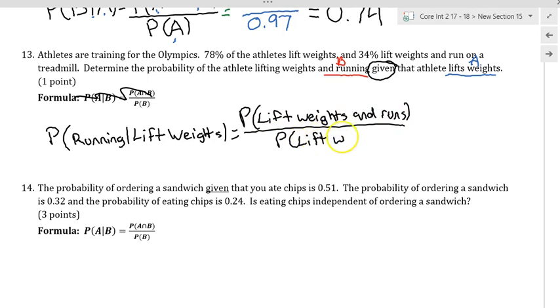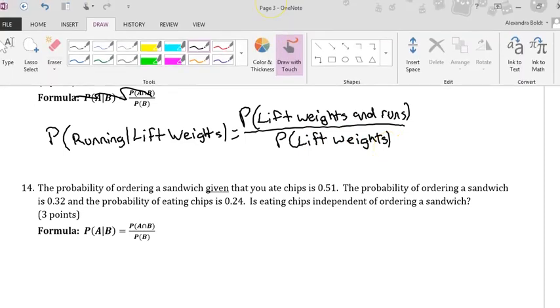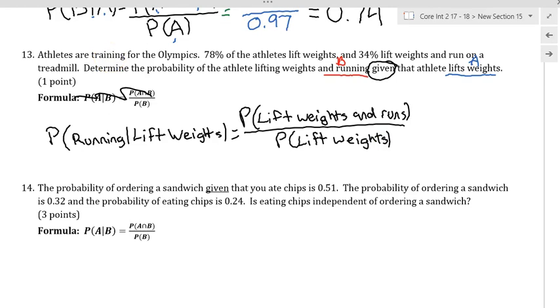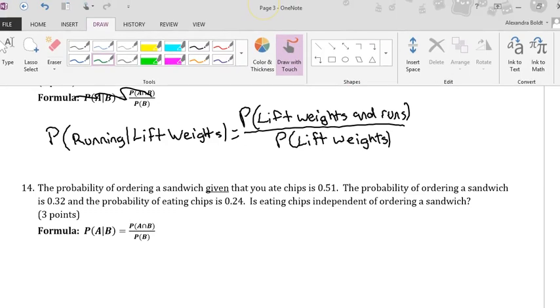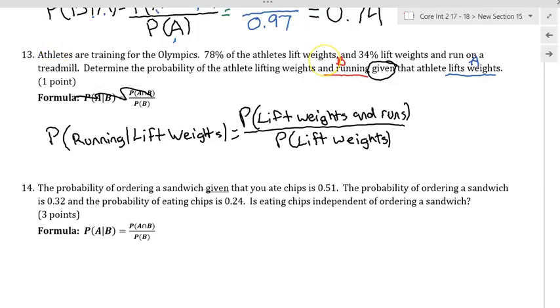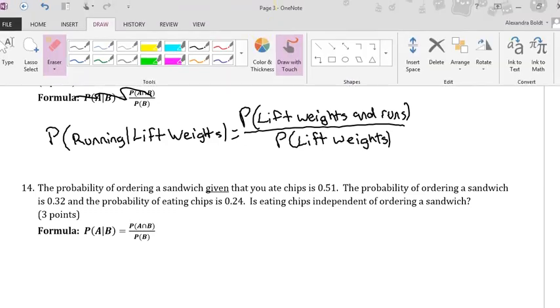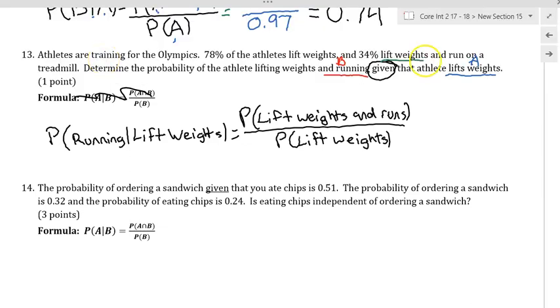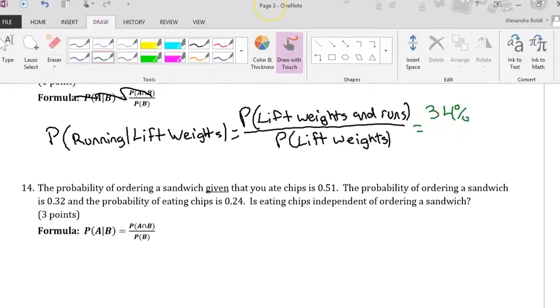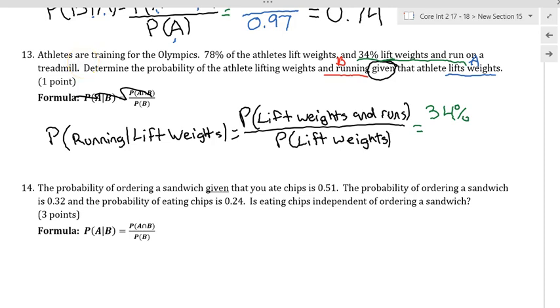If it's more helpful to you to write in the full words instead of just A and B, use that. So I want my lift weights and run. Here, lift weights and run: 34% of them. And again, for these, I can use the percent, that's fine. Then on bottom, I just have lift weights. 78% of them lift weights.